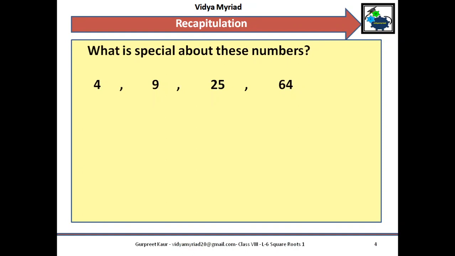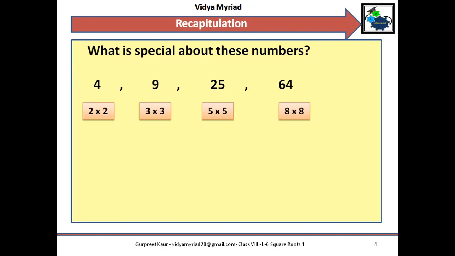Now first of all, my question is, there are certain numbers written here: 4, 9, 25 and 64. What is special about these? Let me take out their factors. If you look into this, it is in the form of 2 into 2, 3 into 3, 5 into 5, 8 into 8.